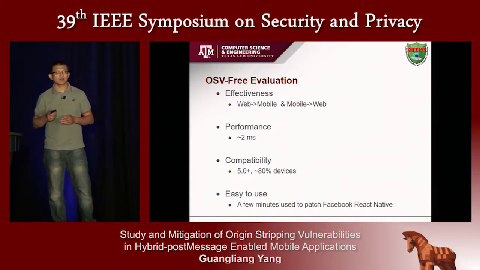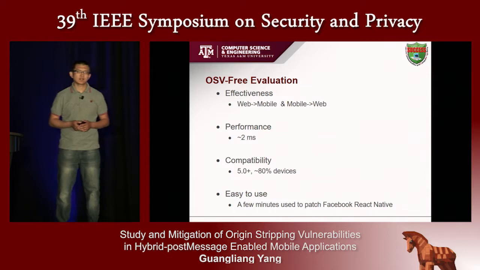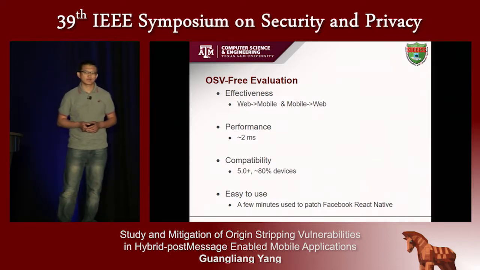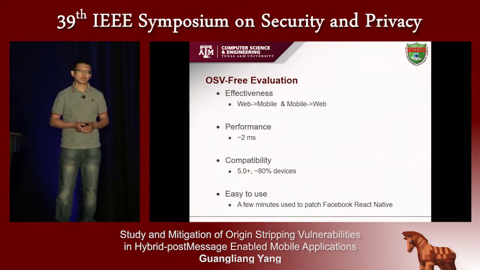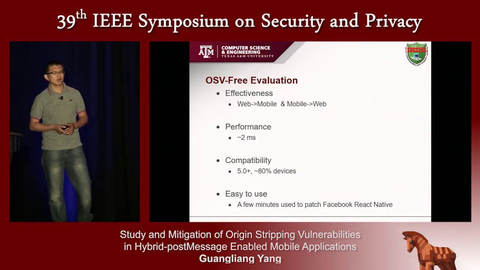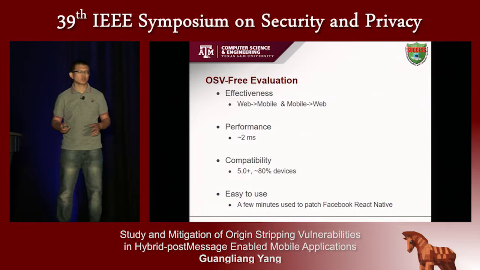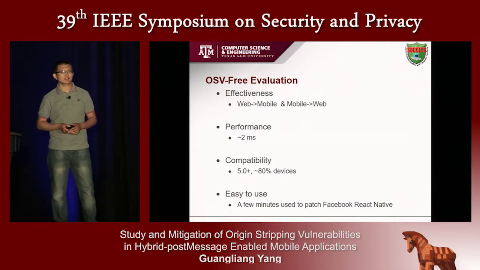We further studied the performance of OSV Free, and we found it is fast and only needs almost 2 ms. We also found OSV Free can support many Android devices and versions. And finally, OSV Free is very easy to use. We used it to patch the Facebook React Native framework, and we found only a few minutes were needed.